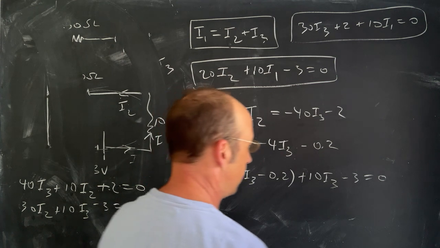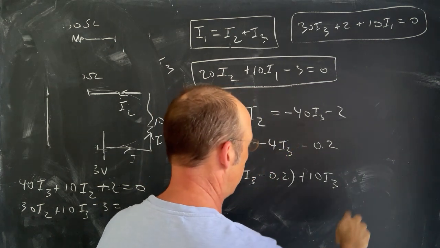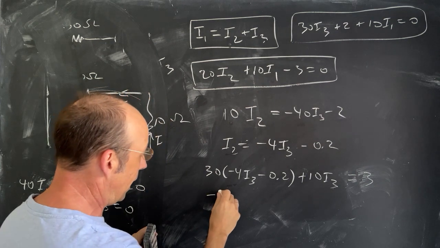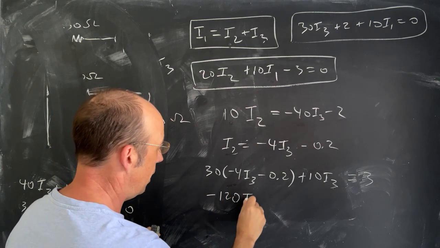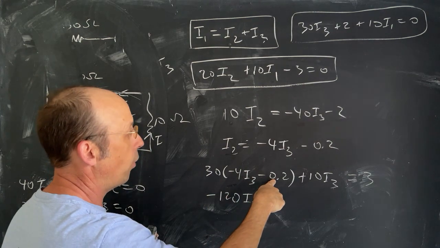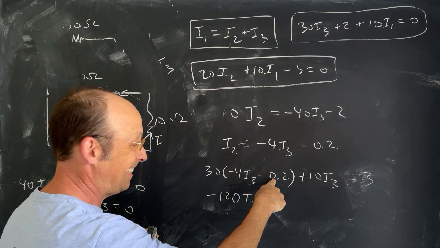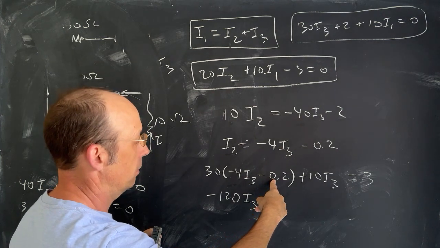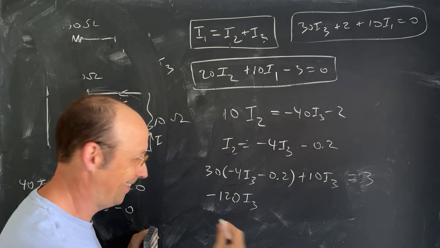I'm going to move the 3 to the other side, add 3 to both sides. And then I'm going to multiply this out. So I get negative 120 I3. 30 times negative 0.2 is going to be negative 6. Negative 6, right? Yeah.